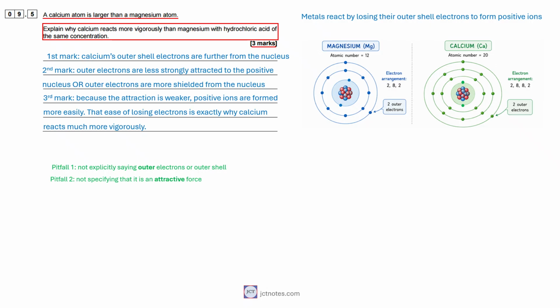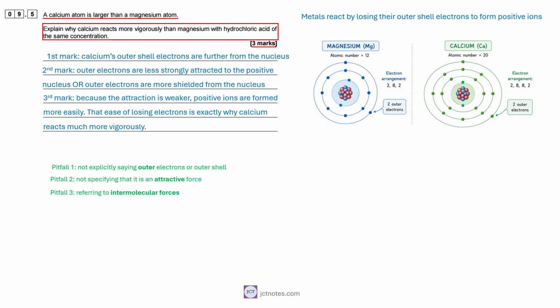Saying the force between the outer electrons and the nucleus is not enough, you must specify that it is an attractive force, and that this attraction is weaker. Also, a shocking number of students incorrectly describe the force between the nucleus and the outer electrons as intermolecular. Remember, intermolecular forces only exist between separate molecules, not inside a single atom.